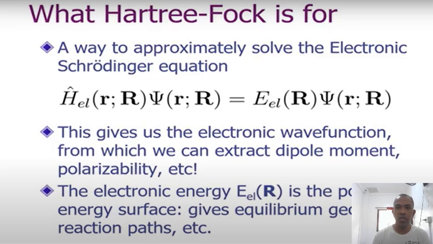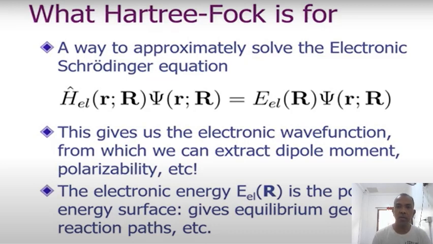This electronic wave function, psi, is our target, as well as this electronic energy, because from psi we can compute all kinds of things. We can compute polarizability, dipole moment, things like that, and then we can get derivatives of psi. We can get more elaborate properties from the potential energy surface if we evaluate this at a handful of geometries.